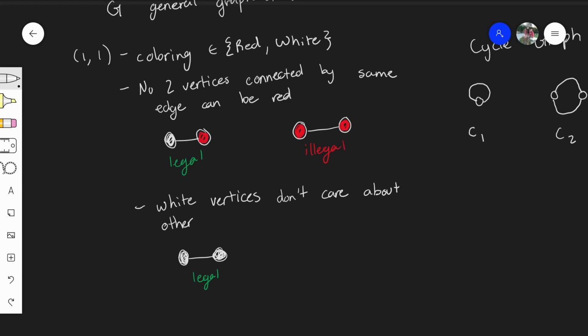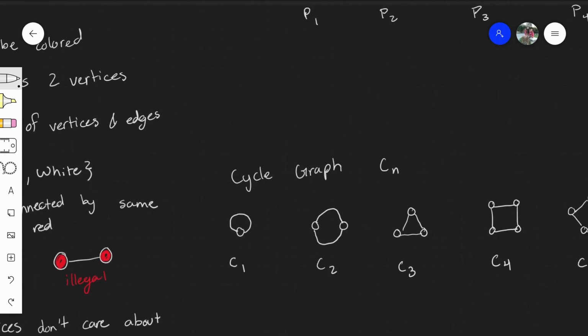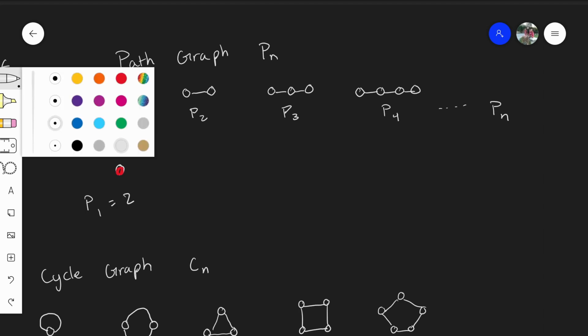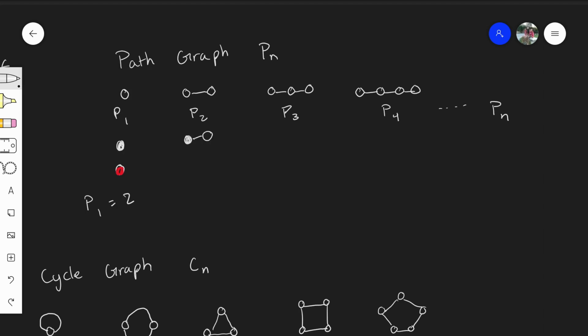Let's try out this 1-1 coloring with these path and cycle graphs. Let's first do the path graph. P1 could either be white or red. So P1 has two ways you can color it. Remember, we're finding the number of ways we can color. P1 is equal to 2. Now P2, both vertices could be white, and that's perfectly legal.